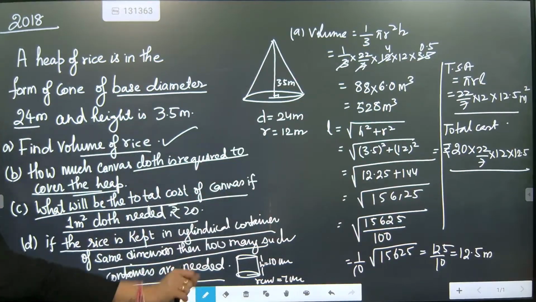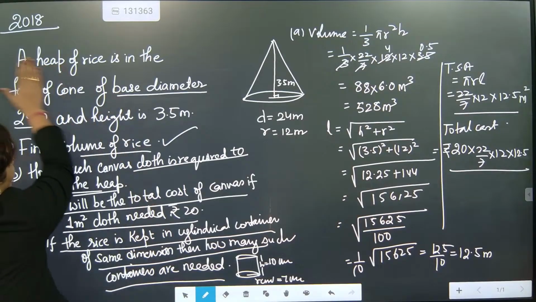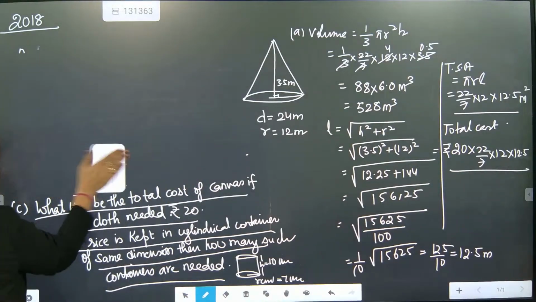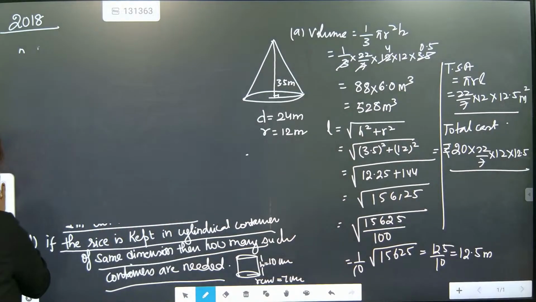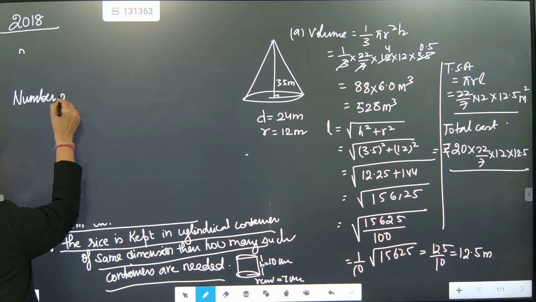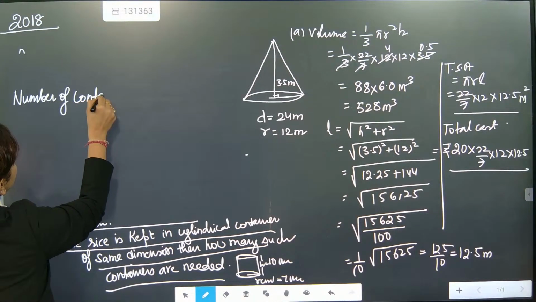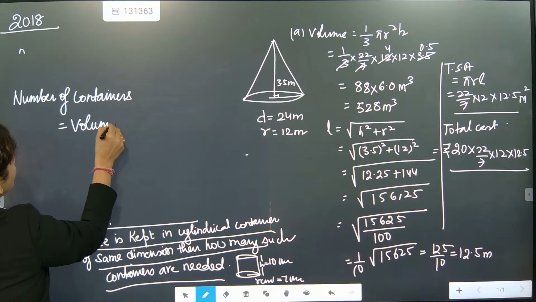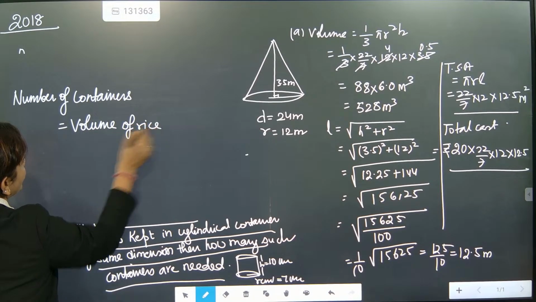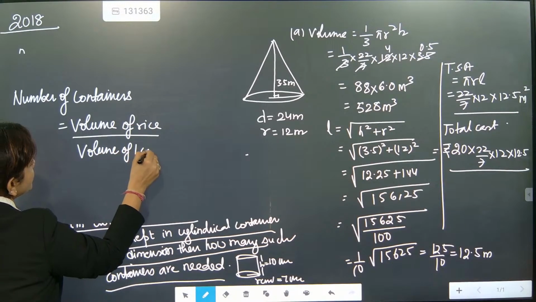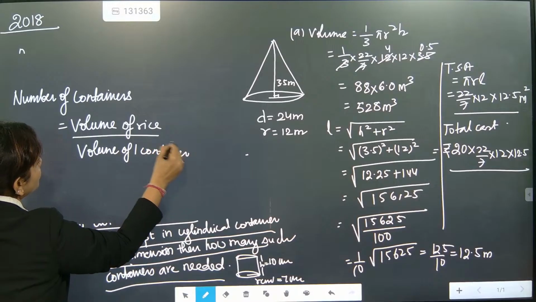When they are asking the number of containers, that means volume of rice by volume of one container.